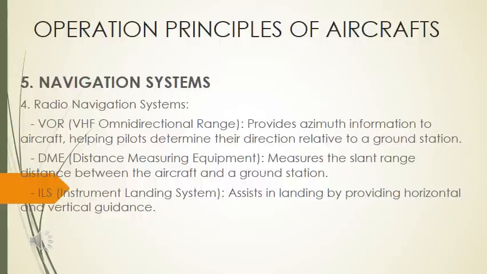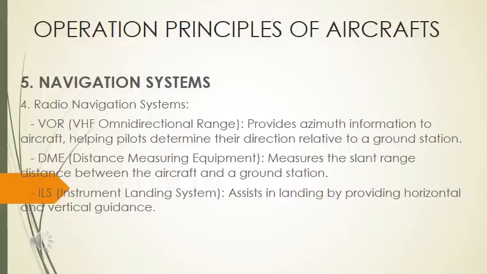Next is the radio navigation systems. I have here the VOR, that's the VHF, very high frequency omnidirectional range. What does it do? It provides azimuthal information to aircraft, helping pilots determine their direction relative to a ground station. Next, the DME, distance measuring equipment.